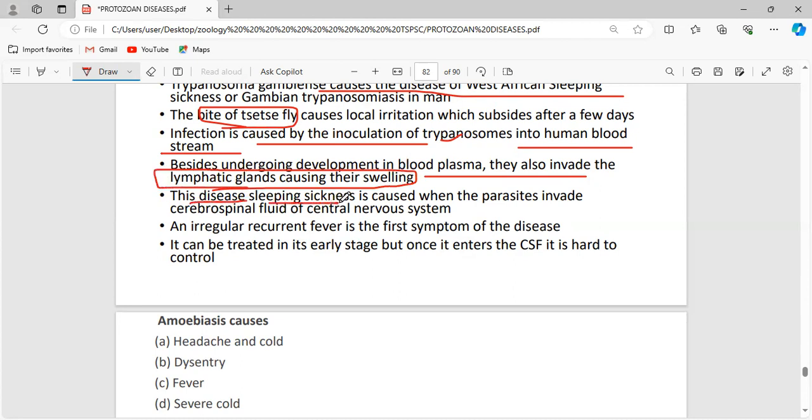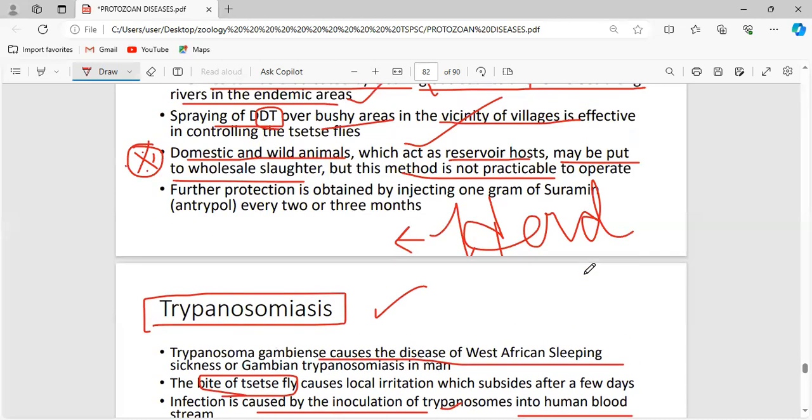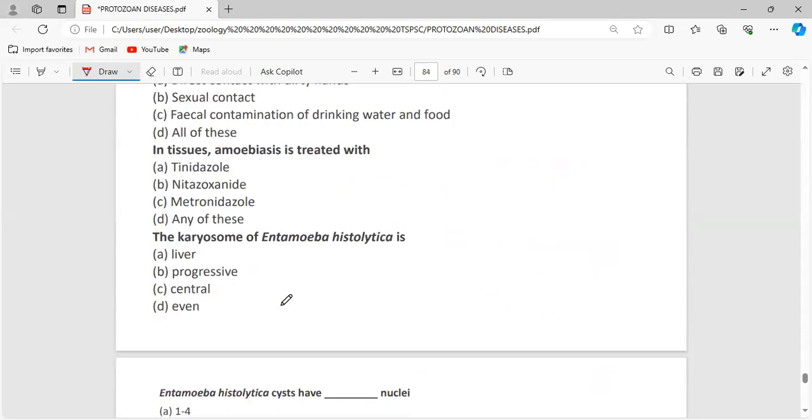And sleeping sickness is caused when the parasite reaches the CSF, cerebrospinal fluid. This is fatal, and the initial symptom is fever. It can be treated only in the early stage, not in the later stage. That's all about Trypanosoma gambiense.